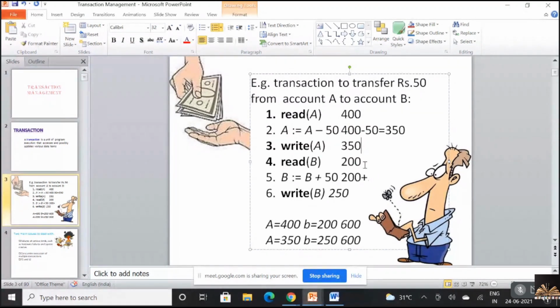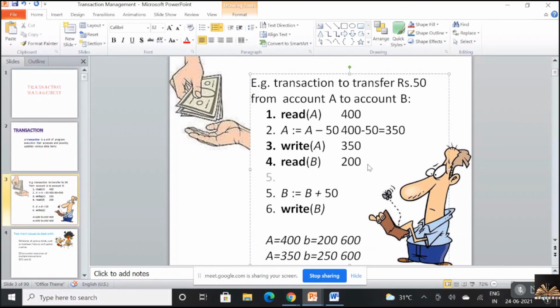I have read the value of B. Now here, I've just read the value of B, and after reading the value of B, there was a power failure. Maybe there was a power failure or a system failure.